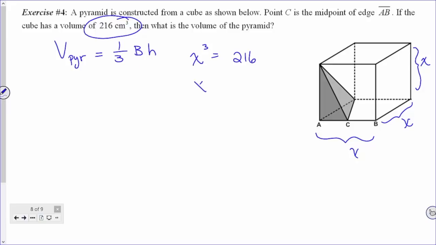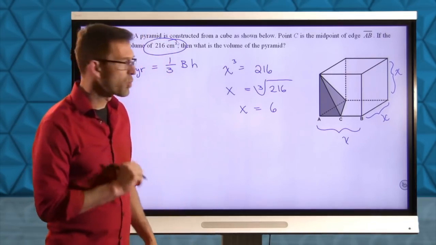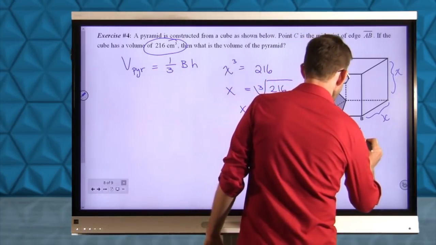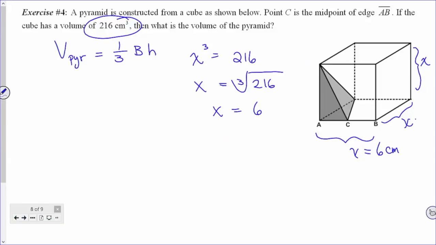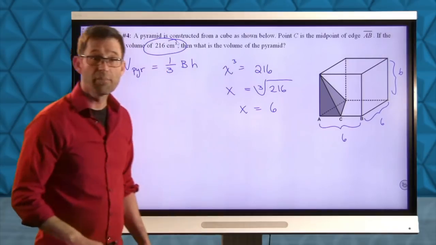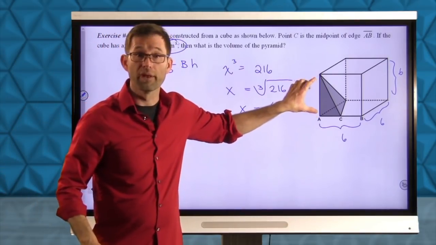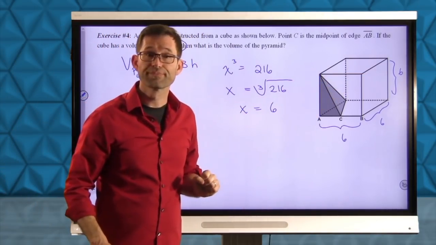So if we want to know what x is, we simply have to find the cube root of 216, which happens to be 6. In other words, this cube is 6 centimeters on each side. In fact, let me get rid of all of that. This is 6. This is 6. And this is 6. Now, one thing that's nice about that is we now know what the height of our pyramid is. It's 6 centimeters.